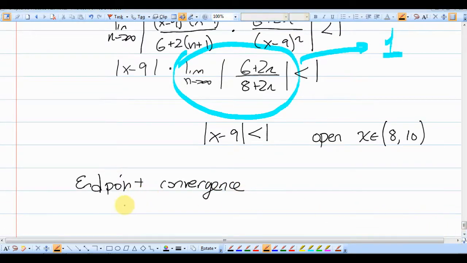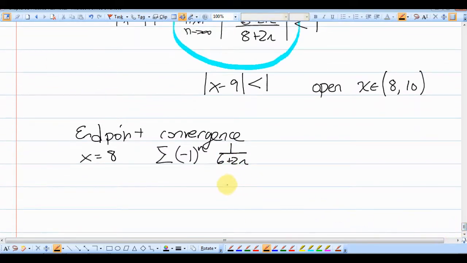Okay, when x equals 8, our series becomes negative 1 to the n times 1 over 6 plus 2n. This is an alternating series, so you're going to use an alternating series test.